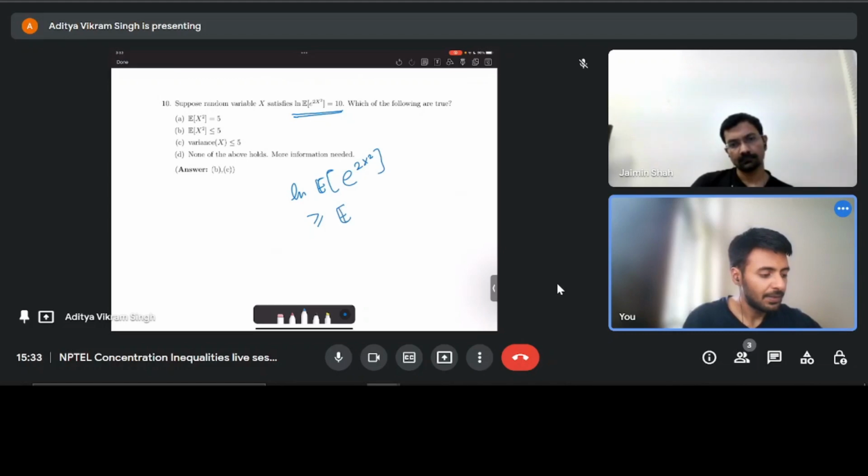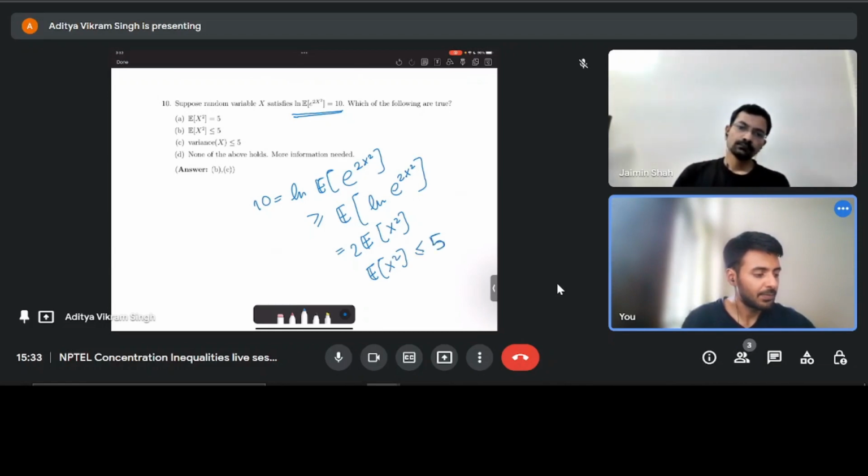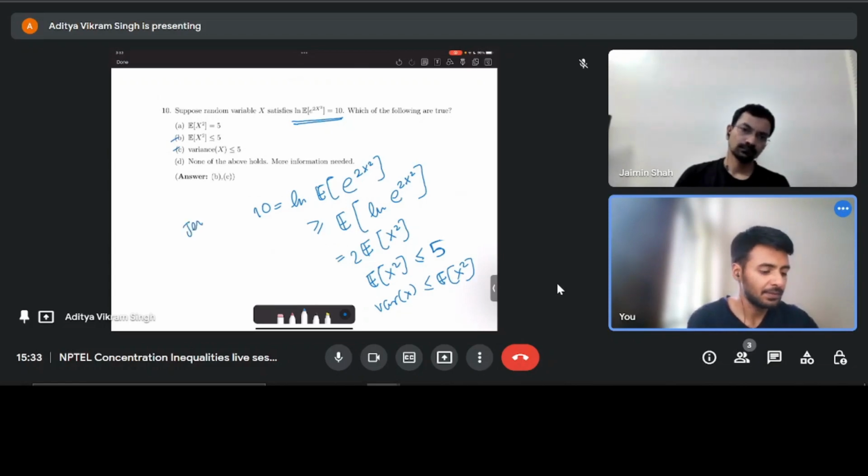It will be the expected value of log of e power 2x square, which is equal to 2 times the expected value of x square. And we know that this is equal to 10. So what we have concluded is that the second moment is less than or equal to 5. And we know that variance of x is always less than or equal to the second moment. So both B and C are true. This was just Jensen's inequality.